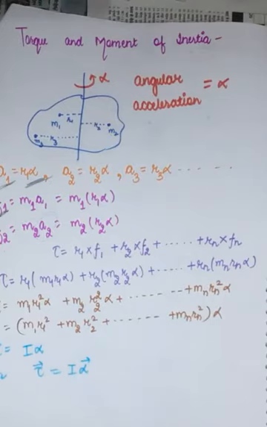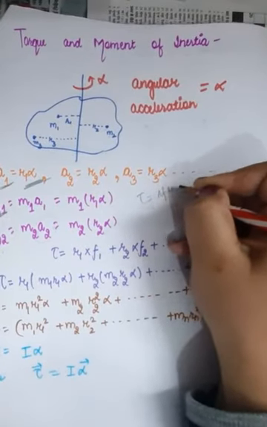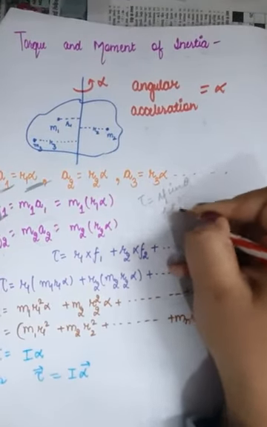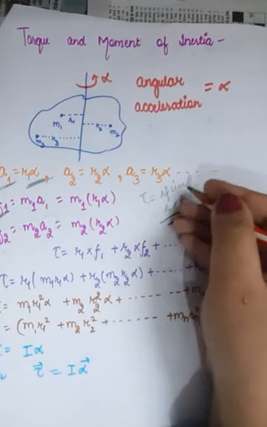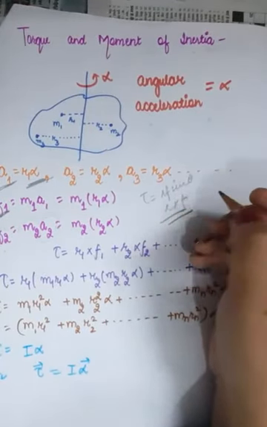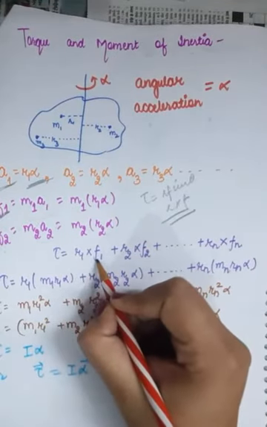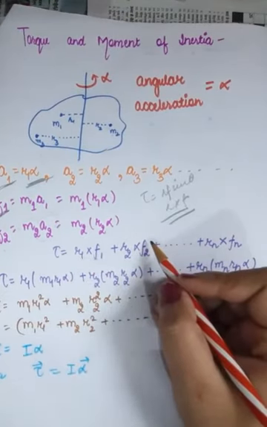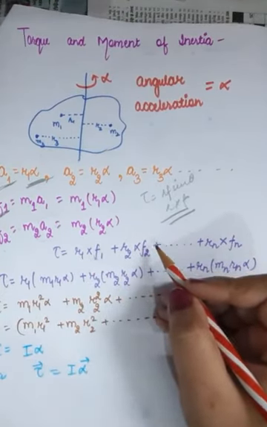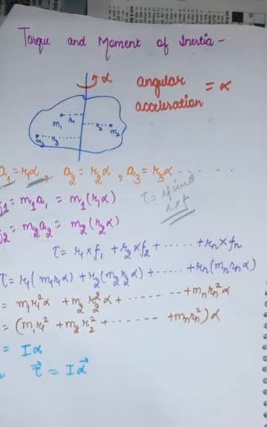So when you calculate the overall torque on the body, we know that torque is equal to r F sine theta, so r cross F, in other words. If you only consider the magnitude, ignoring the angle between r and F, you're going to have r1 cross F1, the torque acting on the first particle, r2 cross F2, the torque acting on the second particle, rn cross Fn, the torque acting on the nth particle.